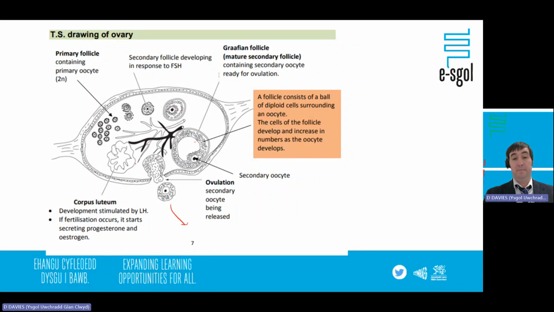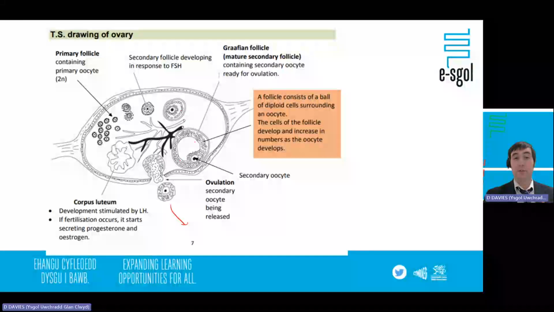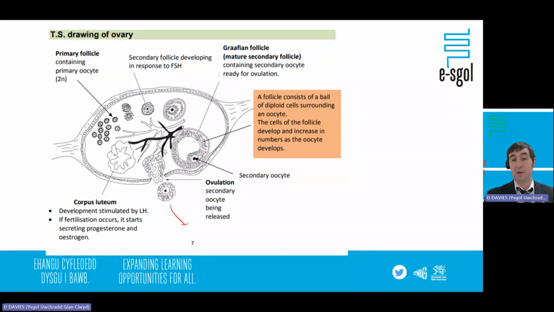Sometimes two Graafian follicles ovulate at the same time. That's where you get non-identical twins: two different secondary oocytes being released and fertilized separately.